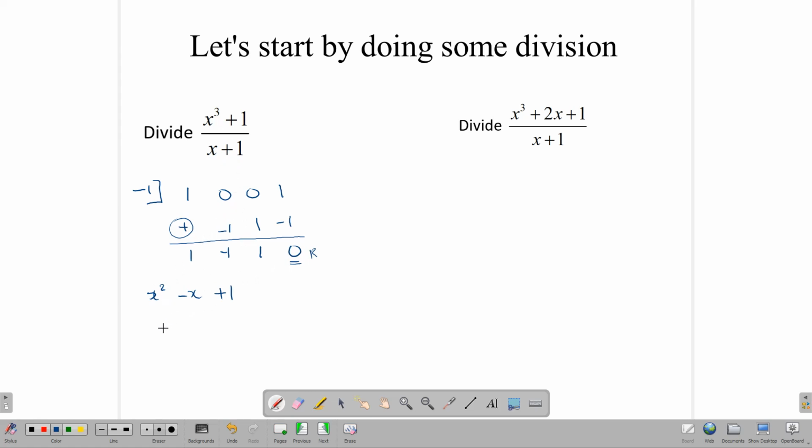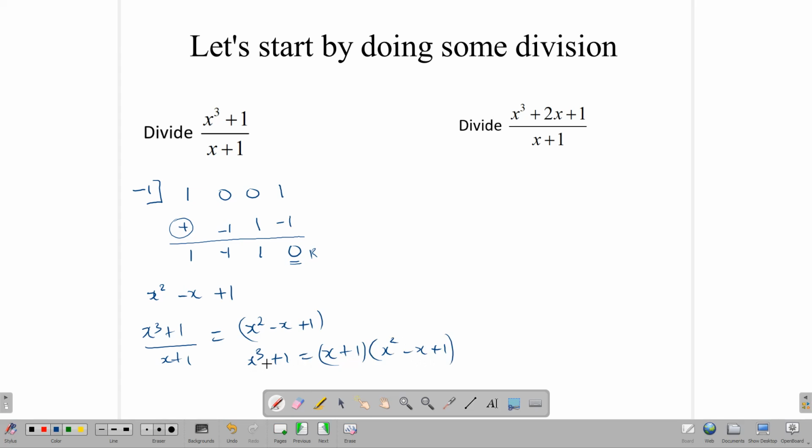And so we can write it in the form that x cubed plus 1 divided by x plus 1 is equal to x squared minus x plus 1, or we can write it alternately as x cubed plus 1 is equal to x plus 1 times x squared minus x plus 1.